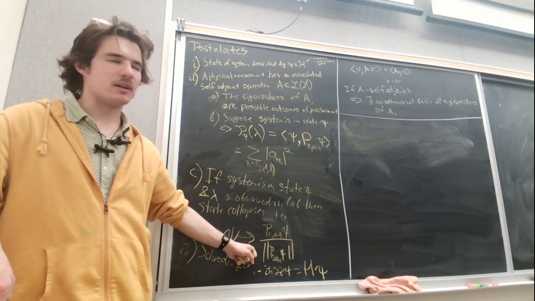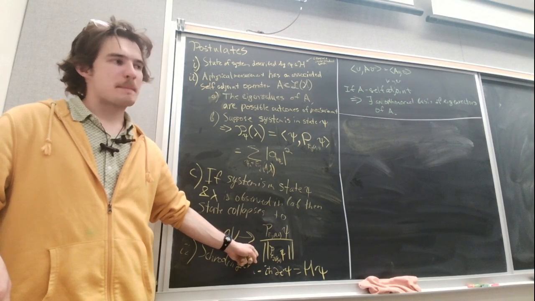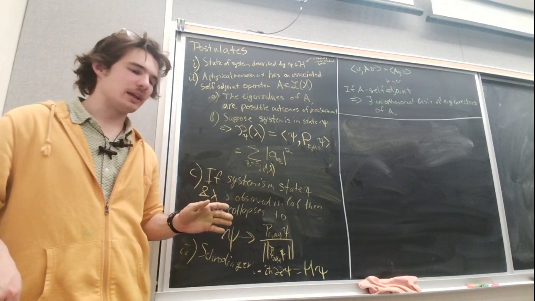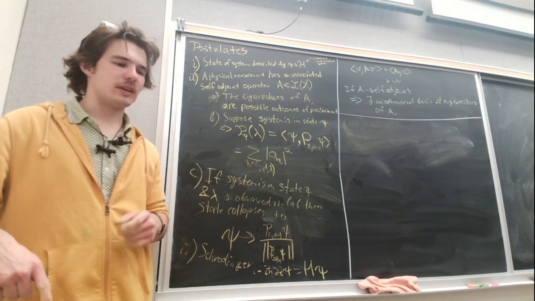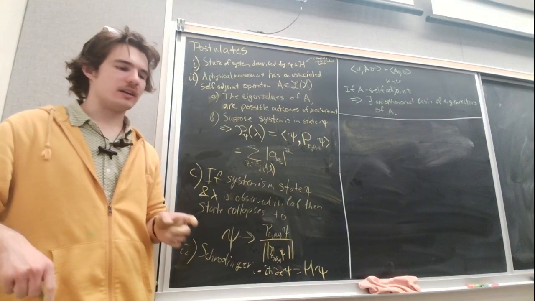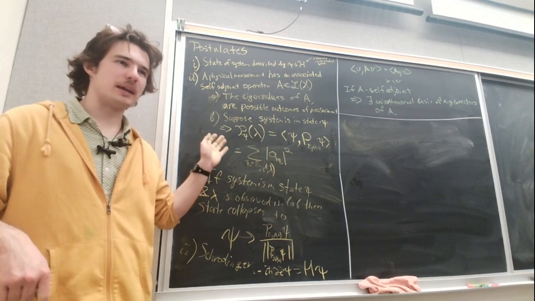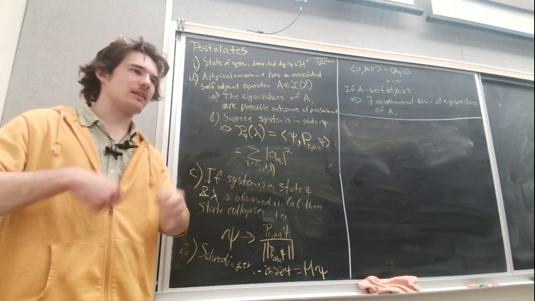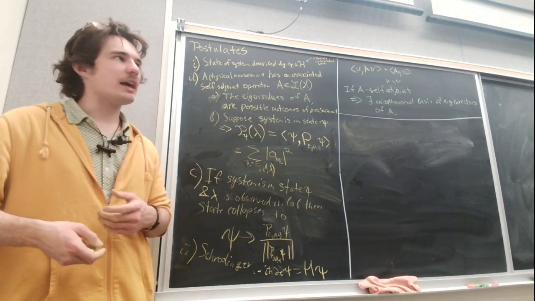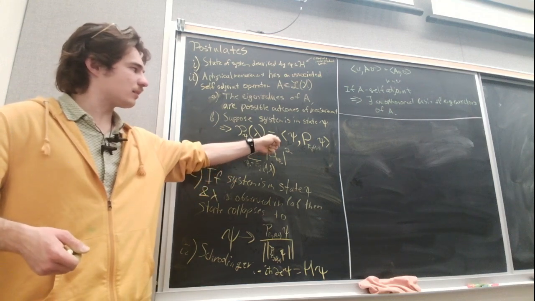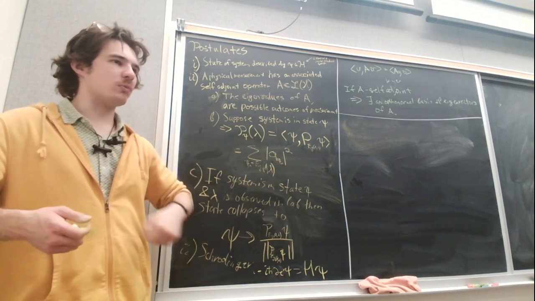And this is something that people don't quite like, because you could say, oh, but what if I included the state of my detector into my Hilbert space, right? And then computed the probabilities of that. But then, at the end of the day, I would only get probabilities of what could be measured.